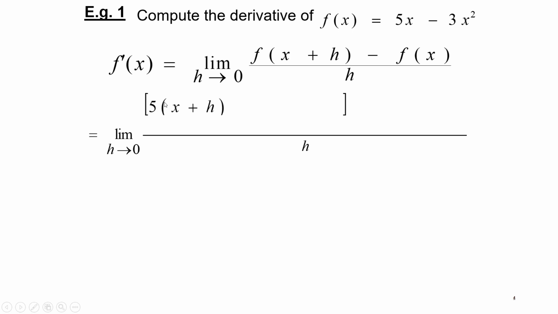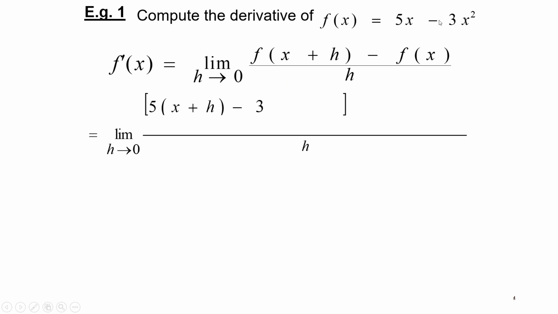We said f of x plus h, so we have x here. Instead of this x we are going to replace it by x plus h, so that is why we are saying 5 into x plus h. Wherever you see x, you replace it by x plus h.